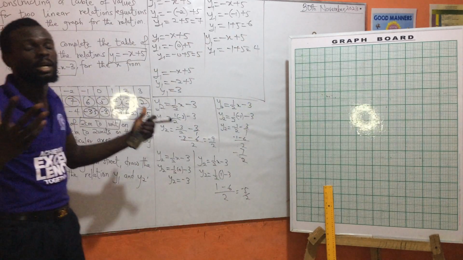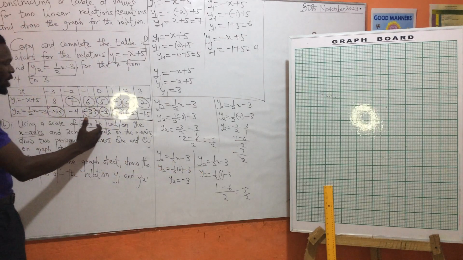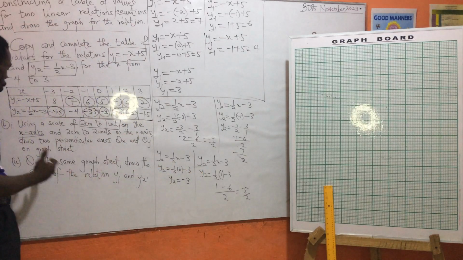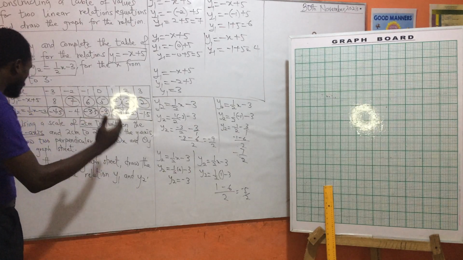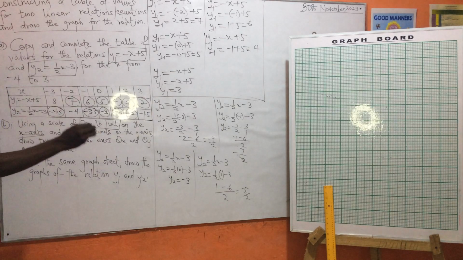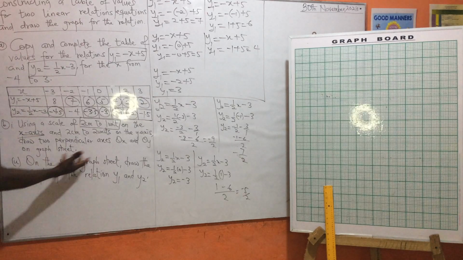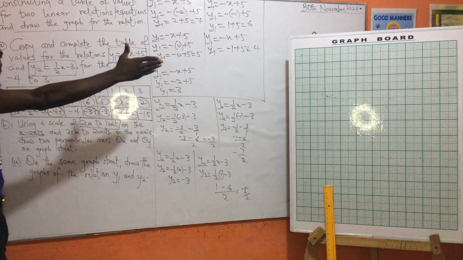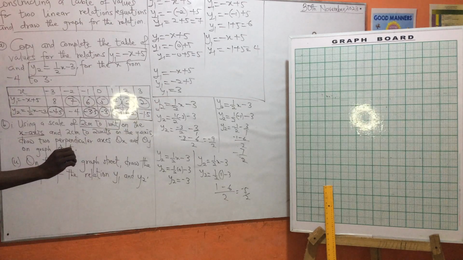That is the normal calculation that we know. So it says using a scale of 2 centimeters to 1 unit on the x-axis and 2 centimeters to 2 units on the y-axis, draw 2 perpendicular axes OX and OY on graph sheet. So let us first draw the OX and the OY on the graph sheet.